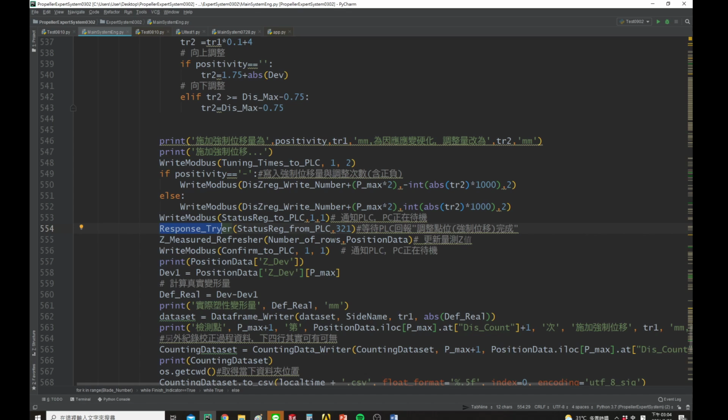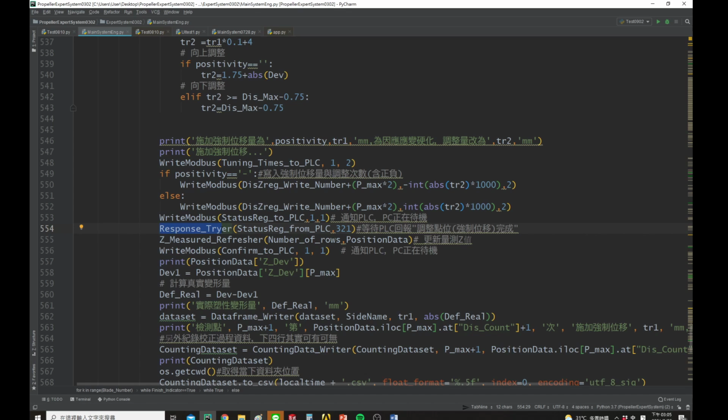the machine to tell us that the displacement is done, and then we need to update the measured value, because it will be tuned, measured, right? So now we are here.